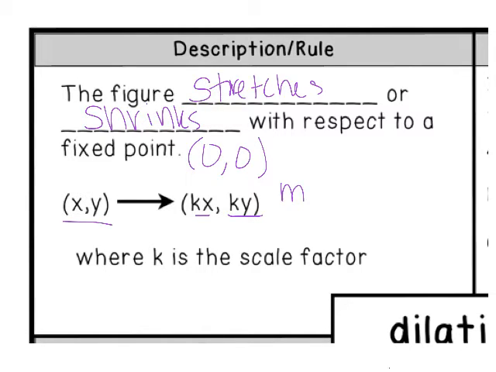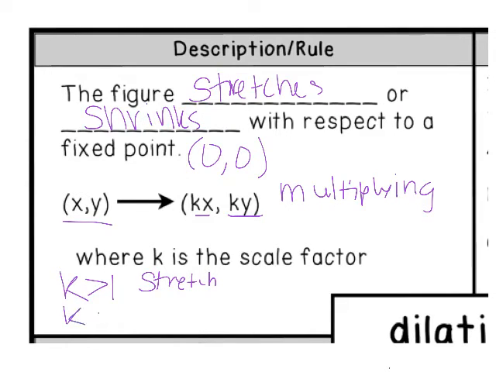So in this rule, we are multiplying. When we were adding or subtracting, that was a translation. If k is bigger than 1, we stretch. If k is less than 1, we shrink.